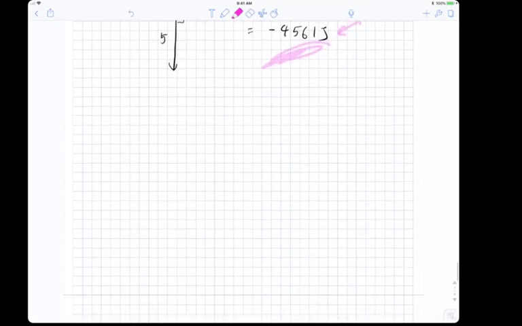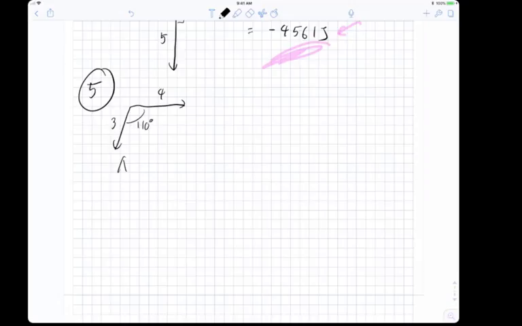Let's do question 5. Evaluate the dot products of 3 pairs of vectors. Oh, fun. That one's 3. That one's 4. That's 110 degrees. So A dot B is going to be 3 times 4 times cosine 110.